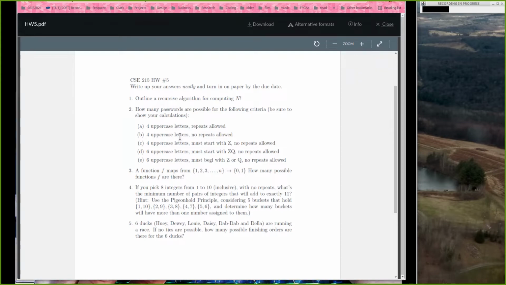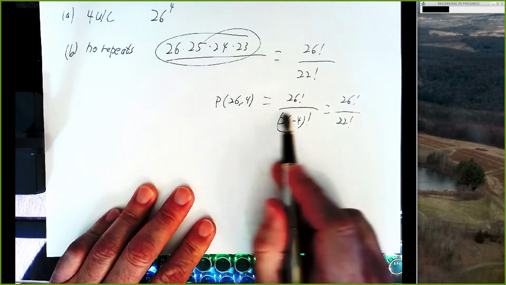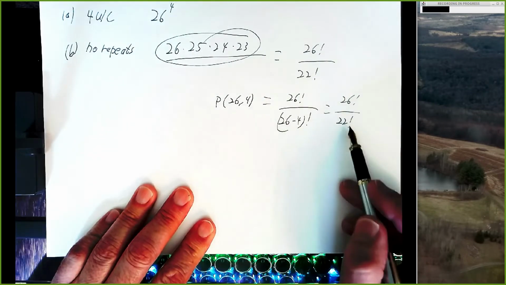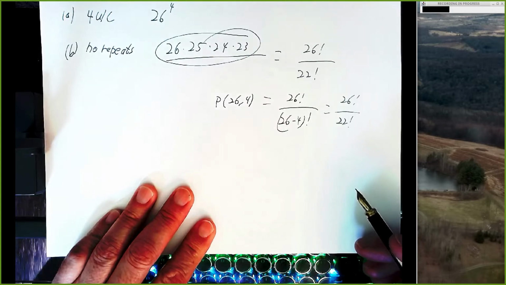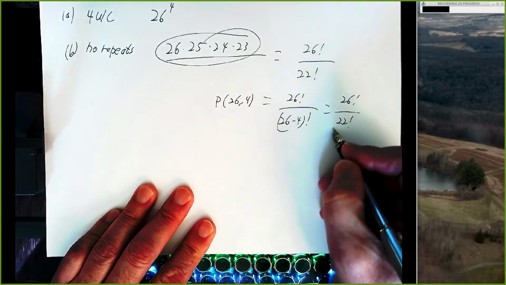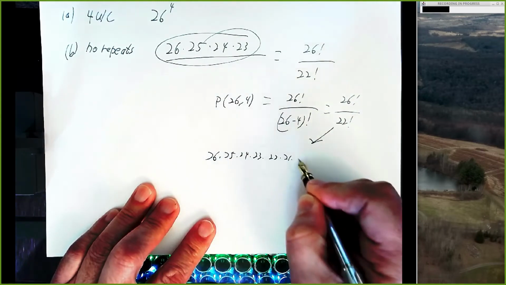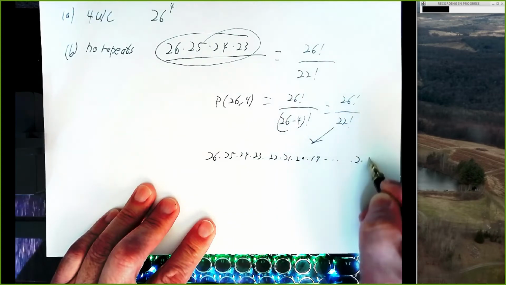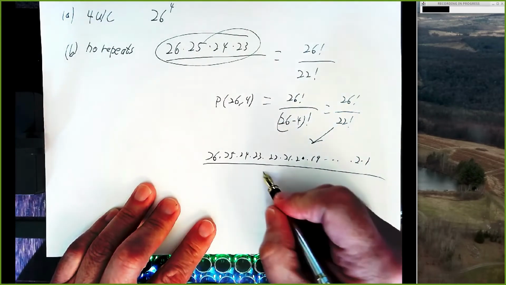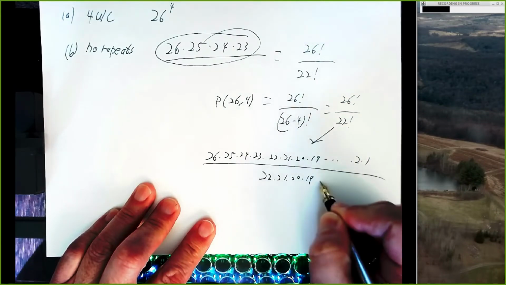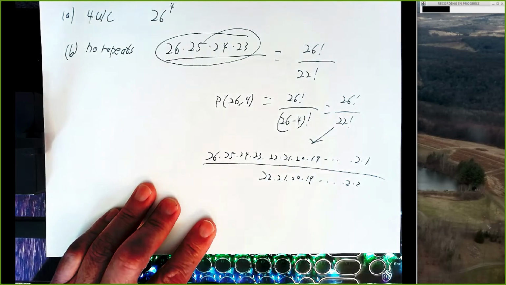And our formula for permutation says this is 26 factorial over 26 minus 4 factorial. So that's 26 factorial over 22 factorial.